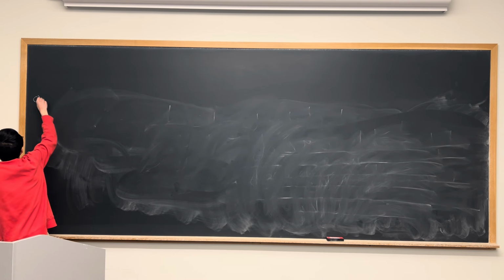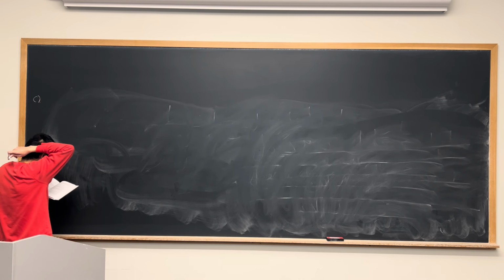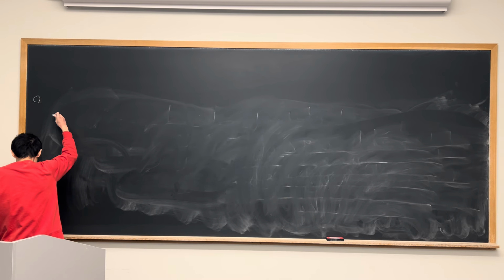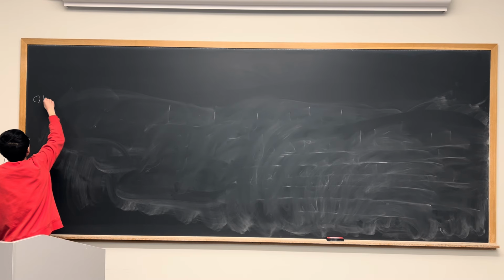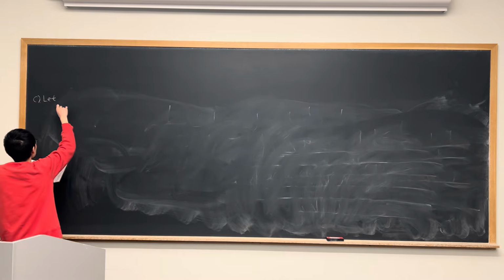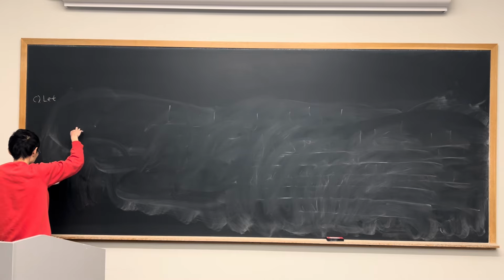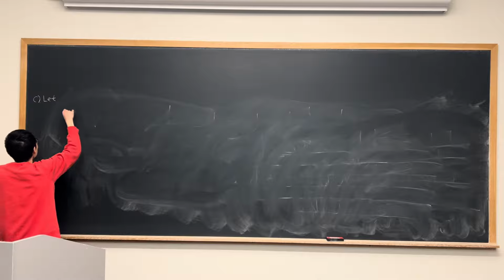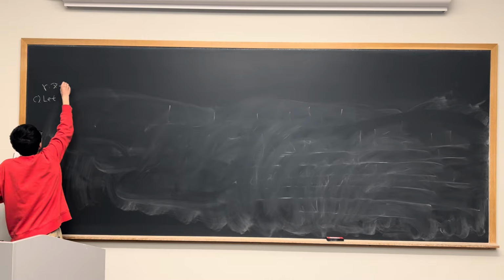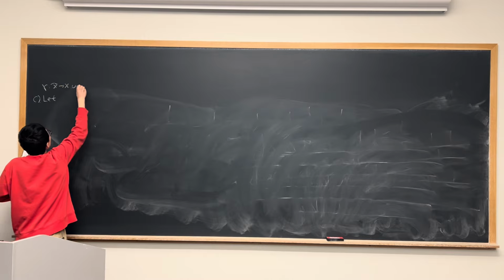Again, I think I showed the part B of the theorem last time. So let me start with part C. Remember we have the same setup, right? We have the gamma from this x tilde to x, the universal covering.